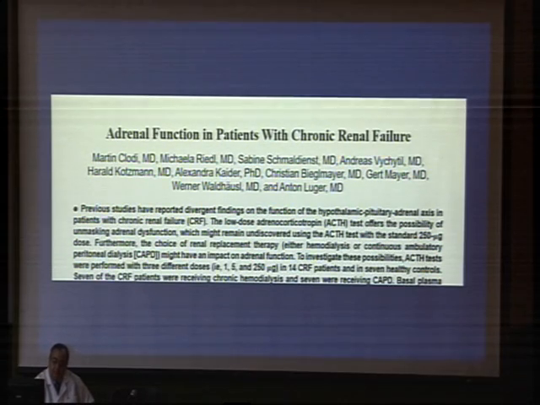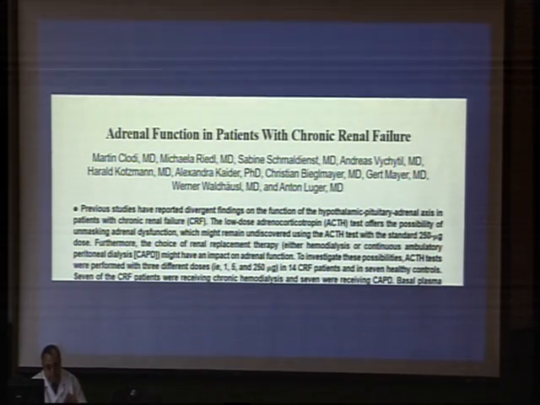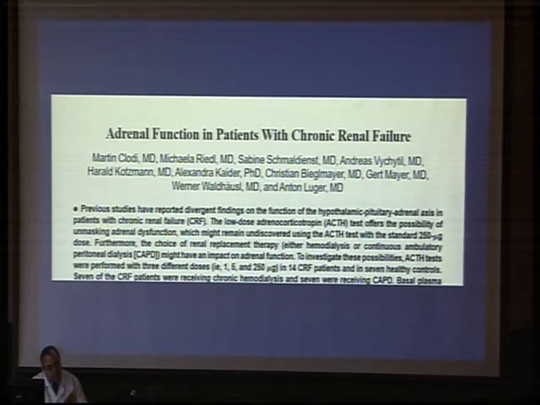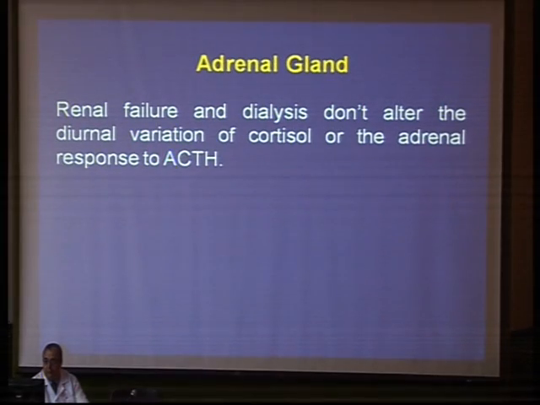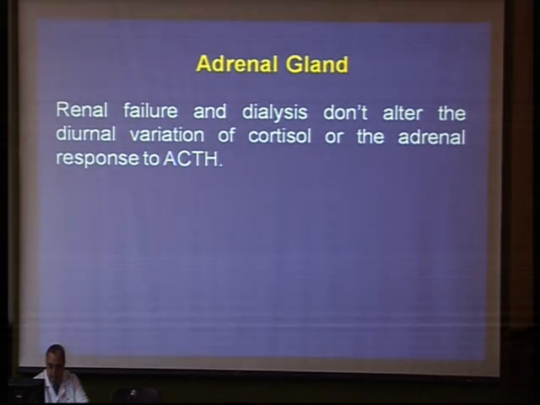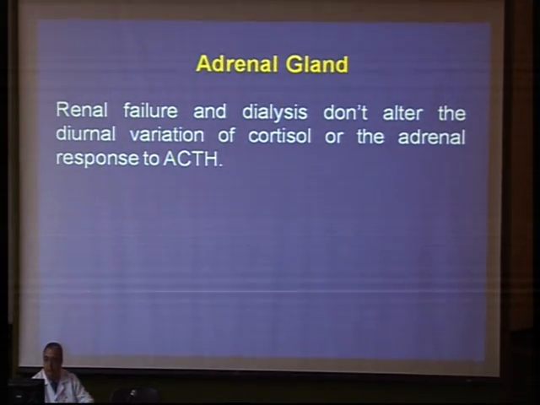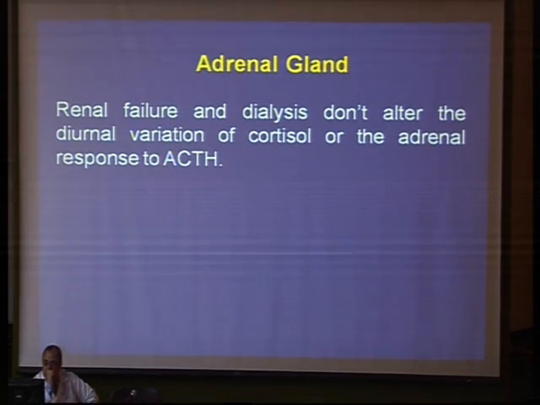So what happened? This article describes the pathophysiologic background of what happens with the kidney problem: adrenal function in a patient with chronic renal failure. It found that renal failure and dialysis doesn't alter the diurnal variation of the cortisol or the adrenal response to the ACTH, and that was after many tests to prove this.